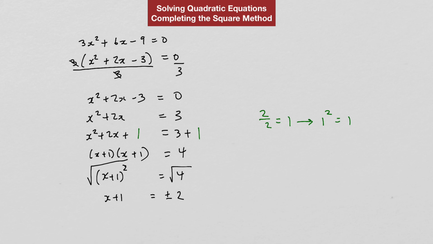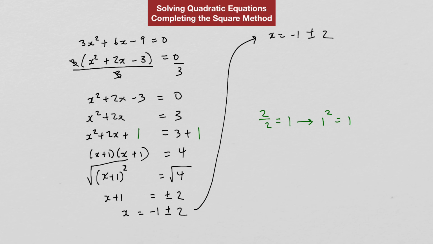We're going to move the positive 1 over to this side, and to do that we subtract 1 from both sides, and we get x is equal to negative 1 plus or minus 2. Let's move this up here. x is equal to negative 1 plus or minus 2.